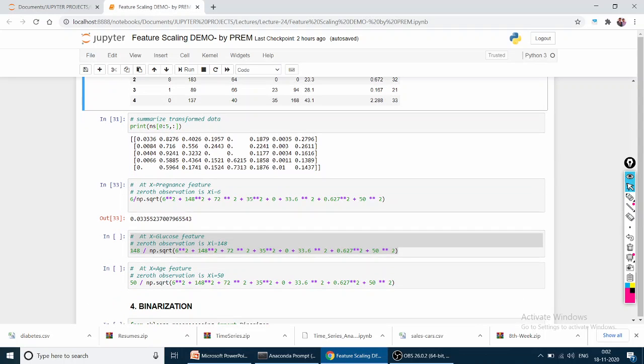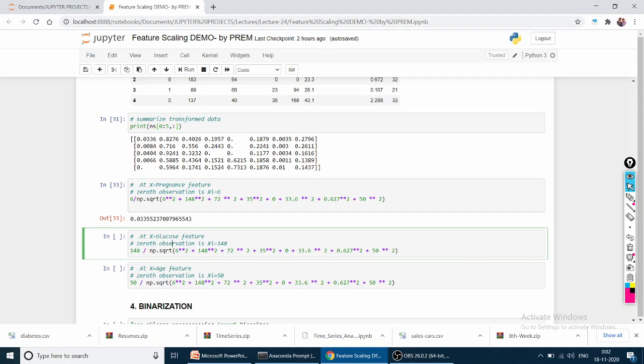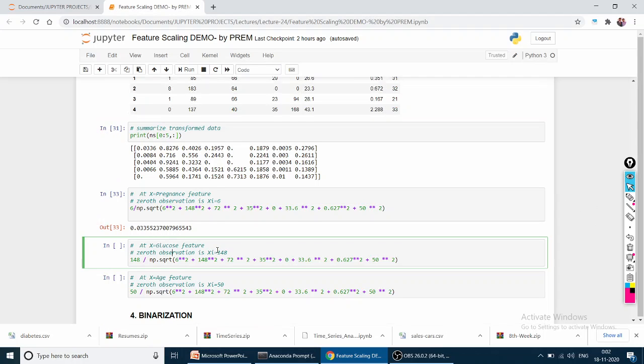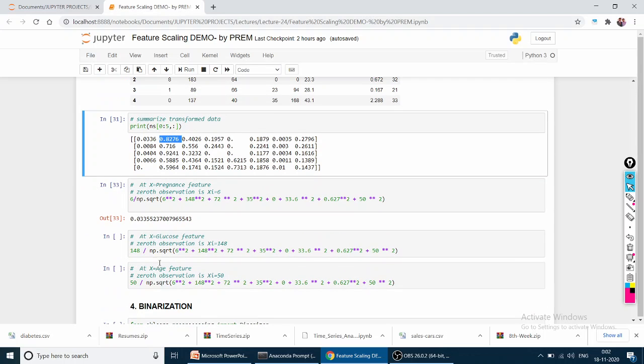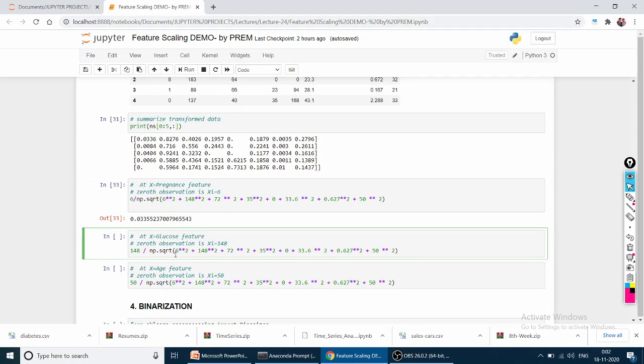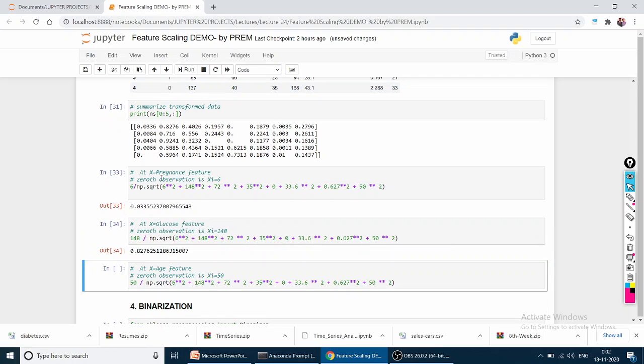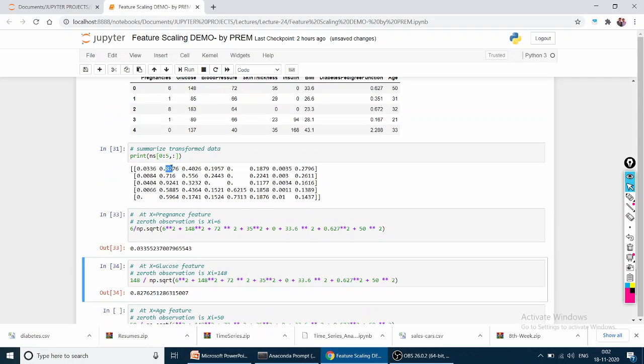If you check one more example, at the glucose feature, the 0th observation xi is equal to 148. How does 148 become 0.8276? 148 divided by the root of 6 square and so on, the same, so it is equal to 0.8276.